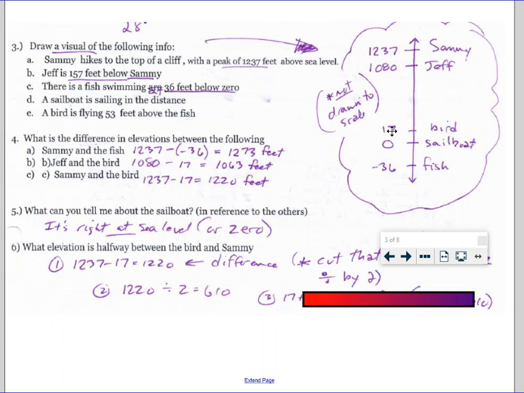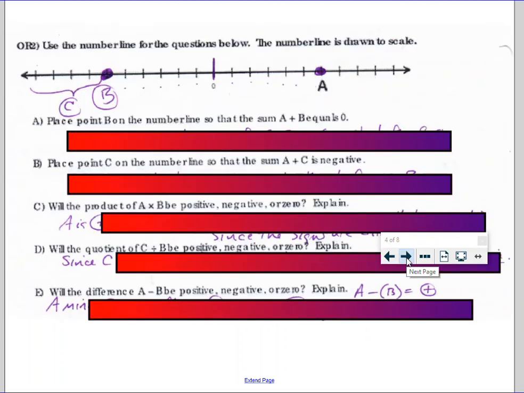So you still have to go back to the bird's height and add 610 to it. Or you could do the same thing with Sammy's height and subtract 610 from that. Either way, you end up with a midpoint of 627 feet. All right. So there's a couple different ways to do that, but you end up with 627 as your answer.